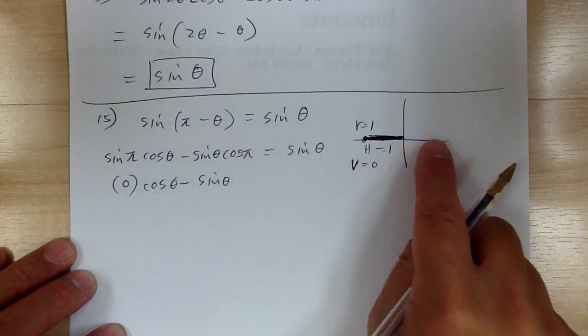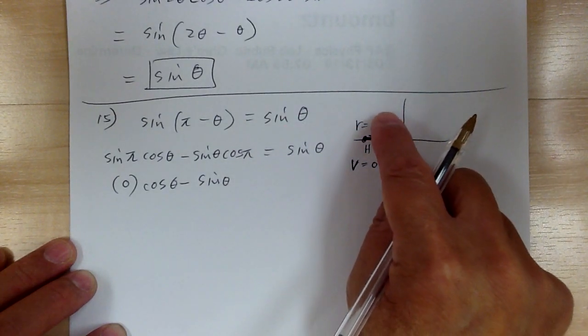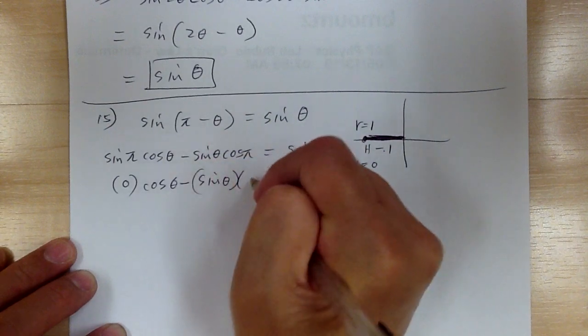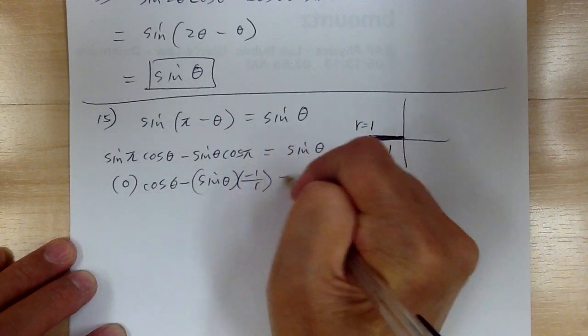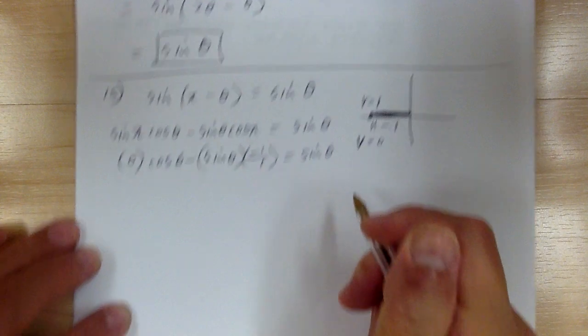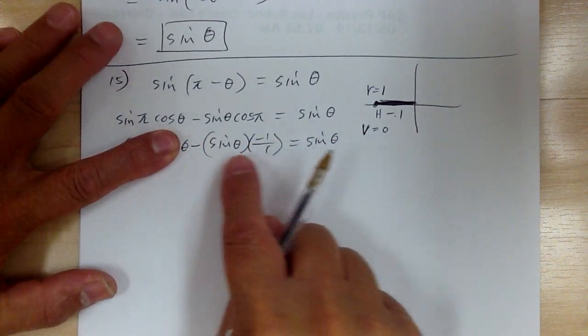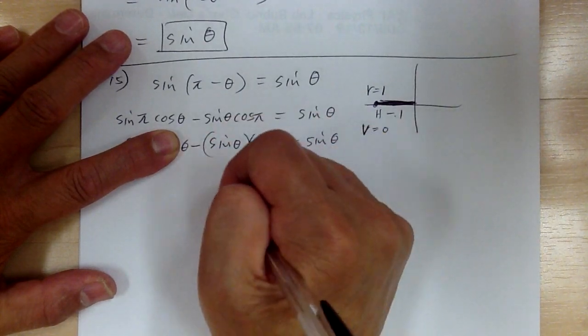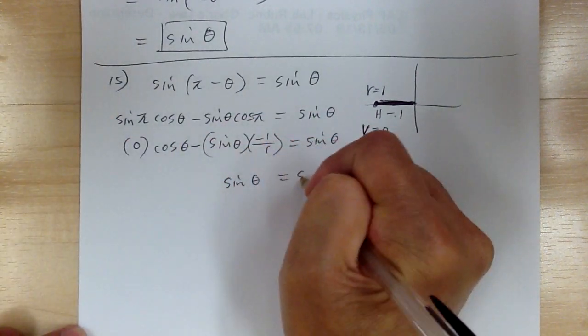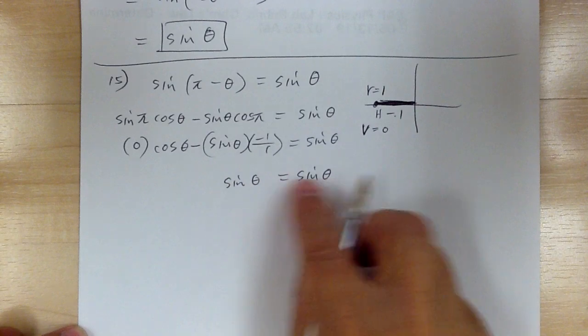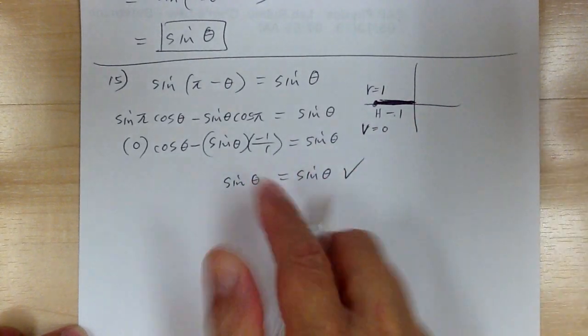So cosine of pi is horizontal over hypotenuse, so it's going to be -1 over 1. When you simplify, 0 times something equals 0, and negative times negative equals positive. So you've got sine theta equal to sine theta. When both sides are identical, you put a check mark, and that's your proof.